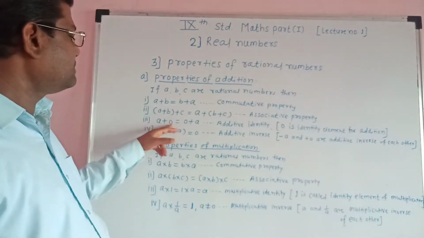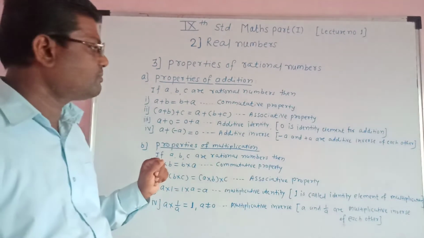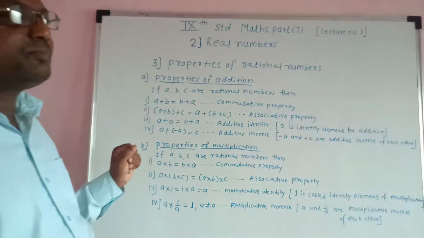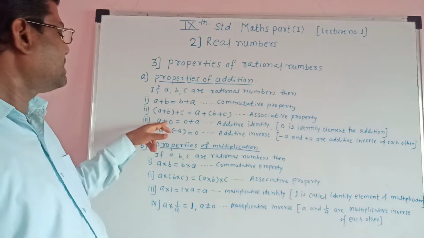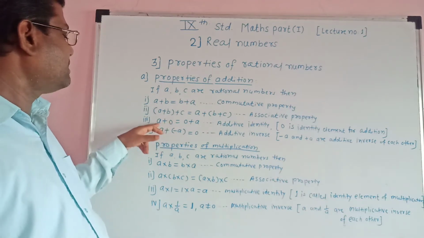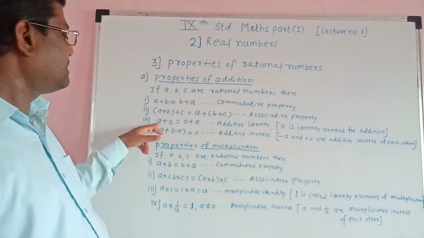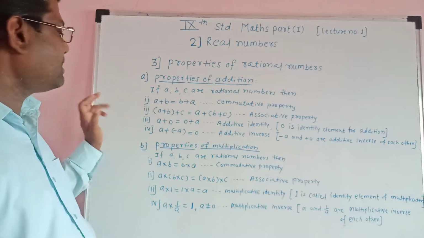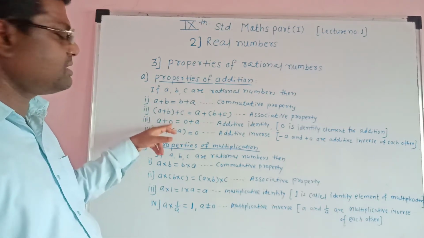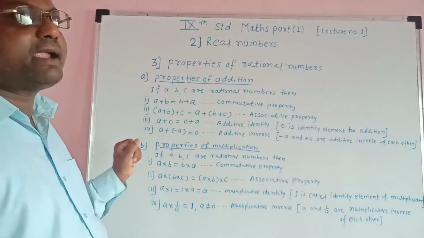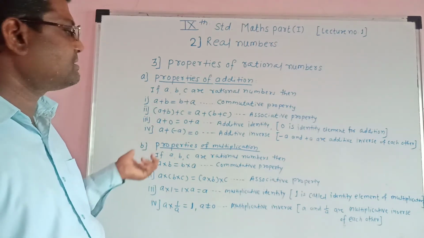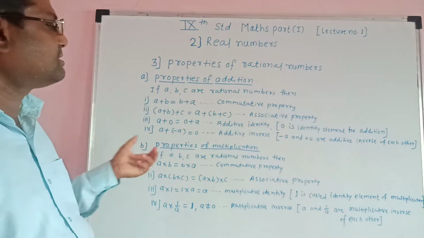Now a plus 0 is equal to 0 plus a. If 0 is added to a rational number, then order is not important. That is, rational number plus 0 is equal to 0 plus that rational number, and addition of 0 to any rational number does not change its value.